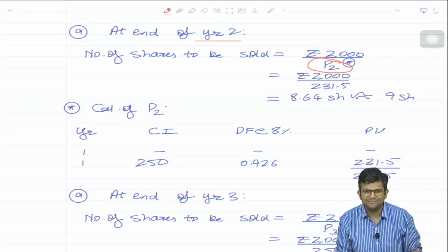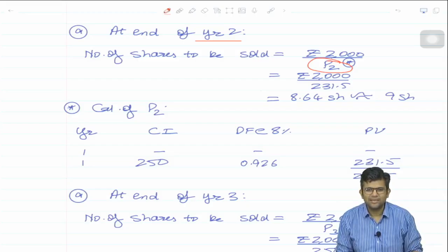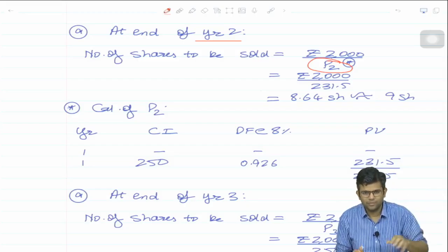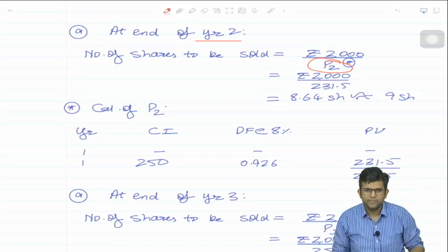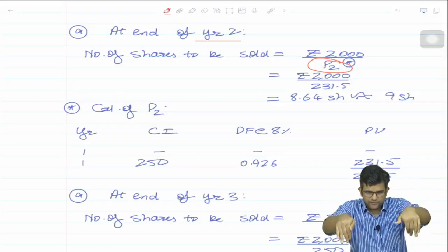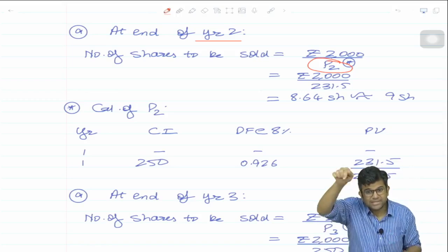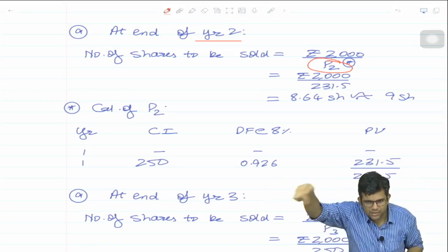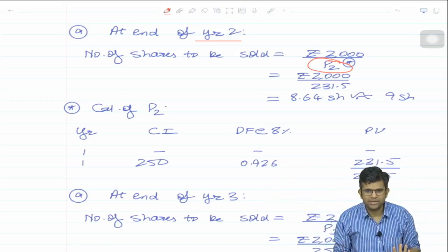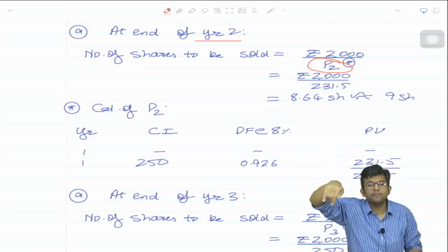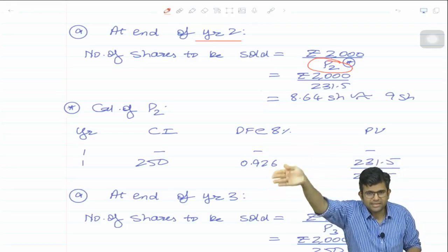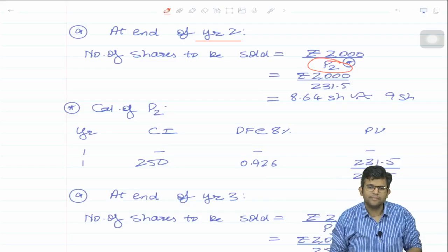Imagine you sit in a time machine and go 2 years forward. Then what is P0 for you is what I am calculating as P2. Sitting there, you are not talking of P2. Sitting there, you are talking of P0 only.